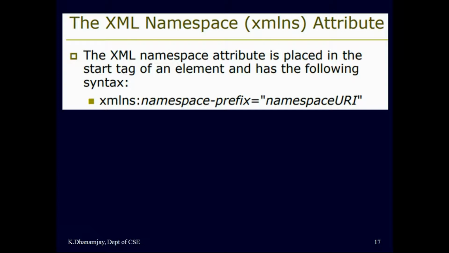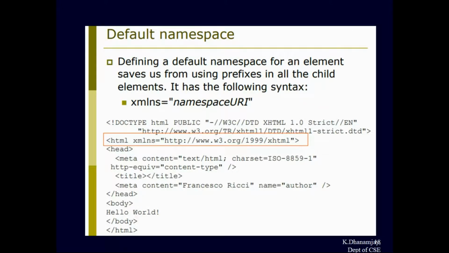The address used to identify the namespace is not used by the parser to look up information. It gives a unique name, right? So you have to specify the namespace before the start of the XML schema.